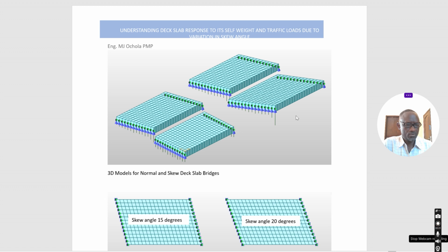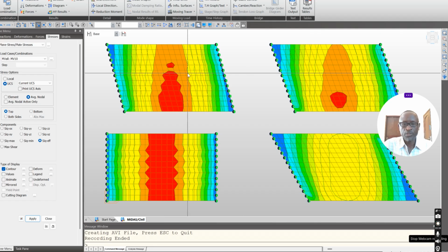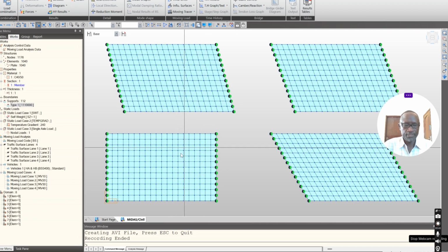I think two days ago I promised, because I explained something briefly on skew deck slab, that I would add some more explanation. So what I did here, I tried to look at three different types.